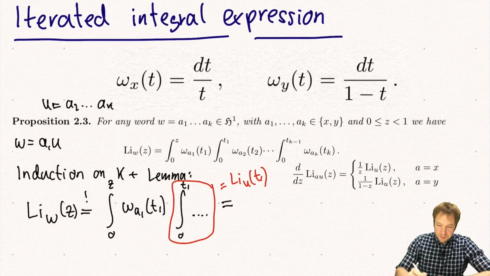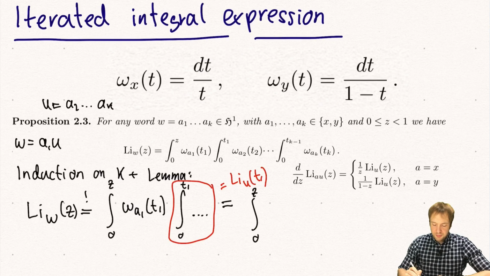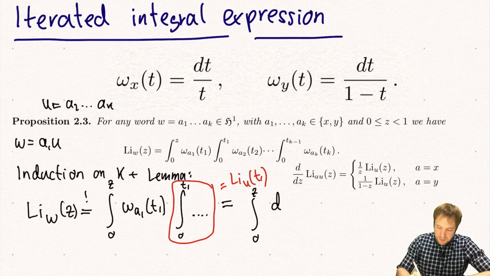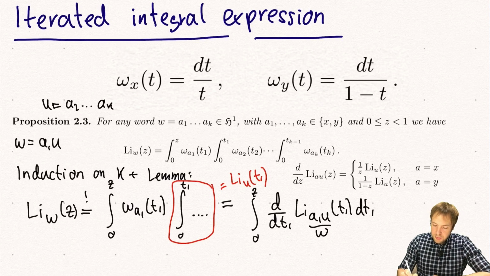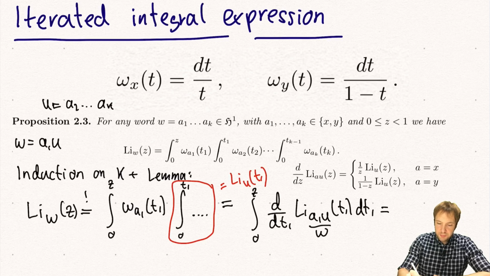So this is exactly the integral from 0 to z of dt1 of Li a1 u, so in other words this is w of t1 dt1, but this is just what we wanted to show, so this is just Li w.